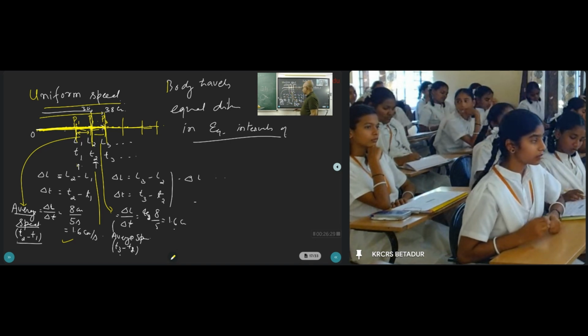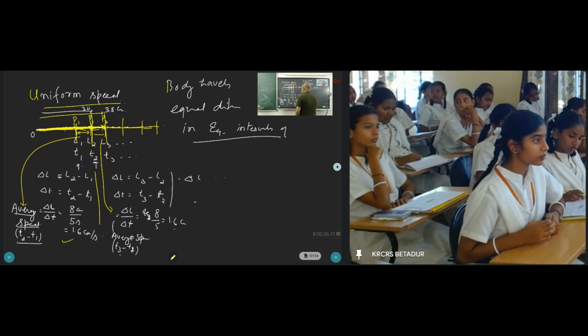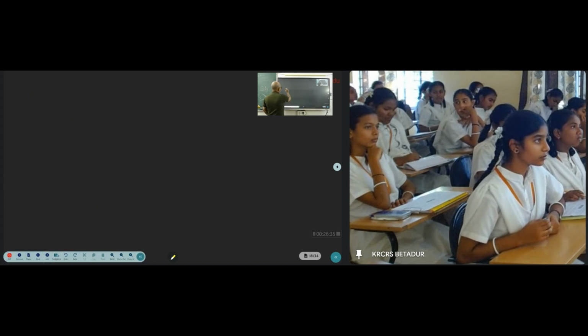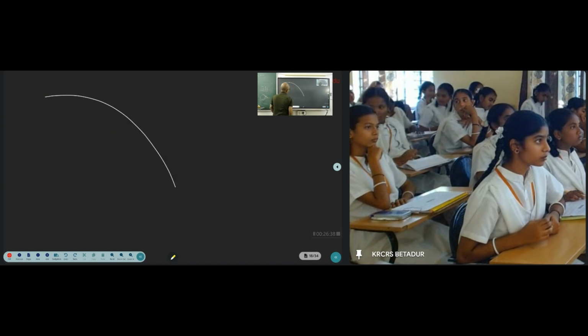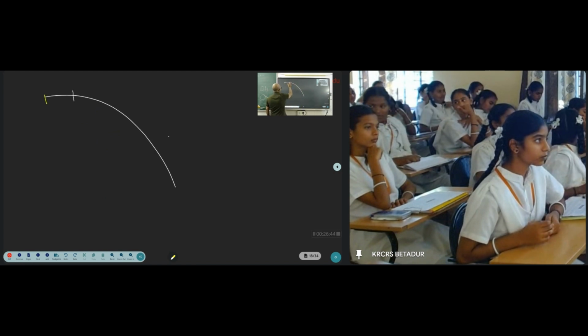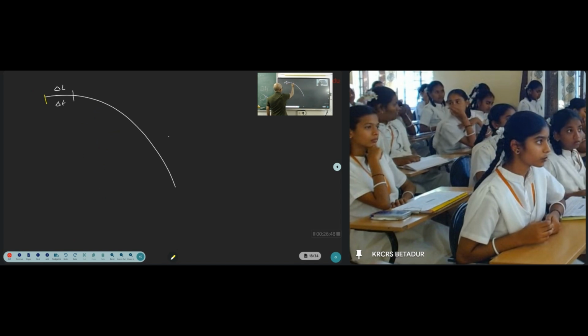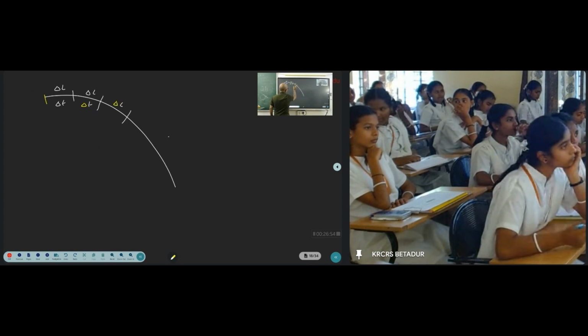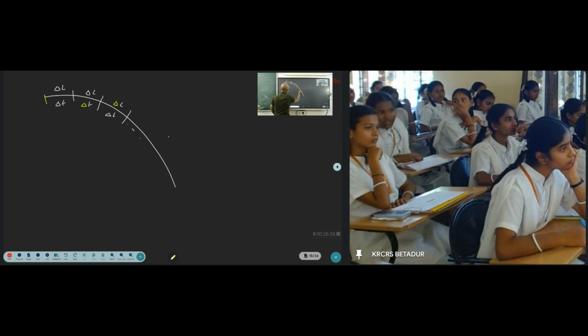Now supposing the body travels along this path, and it travels this distance delta L in delta t time, this distance delta L in delta t time, and so on and so forth.